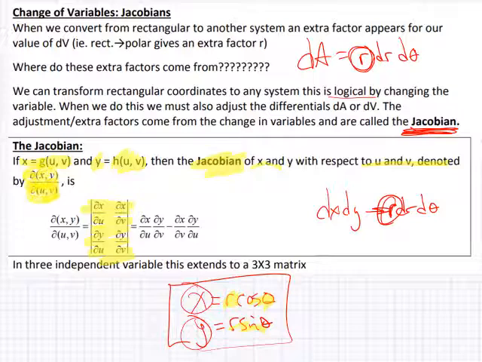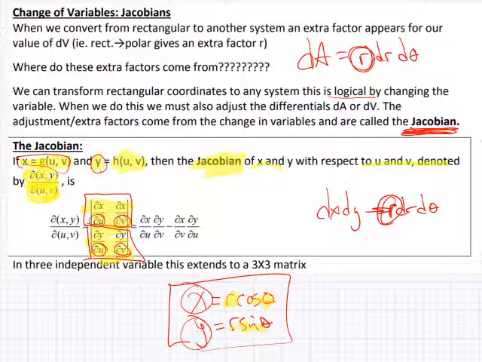You have the first row of this matrix, and we work with the x equation. We're going to take the derivative with respect to u, and the derivative with respect to v. And then for the next row, we're going to work with the y equation, and take the derivative with respect to u and the derivative with respect to v, and that's going to be the second row.